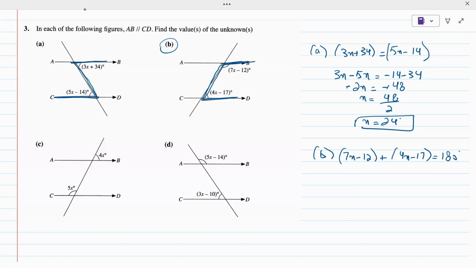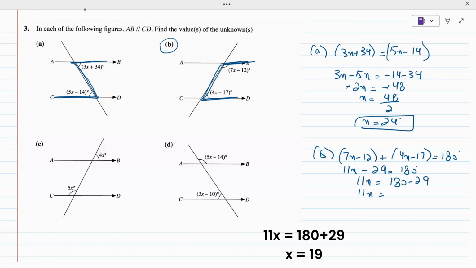So 7x plus 4x, that's an 11x, minus 12 minus 17, that's a minus 29, is equal to 180. Simplifying it further, 11x is equal to 180 plus 29. 180 minus 29, that's 151.